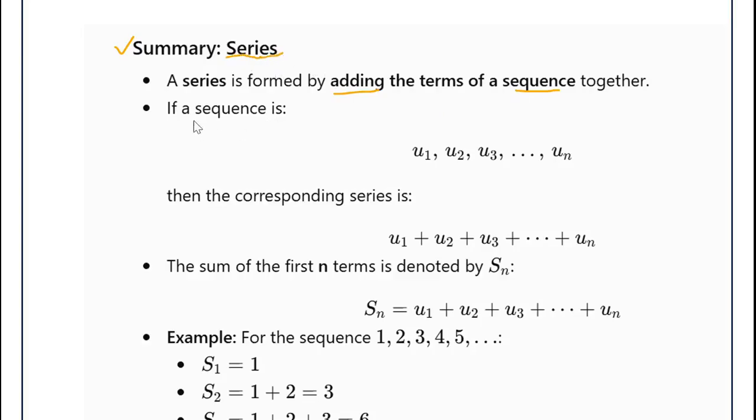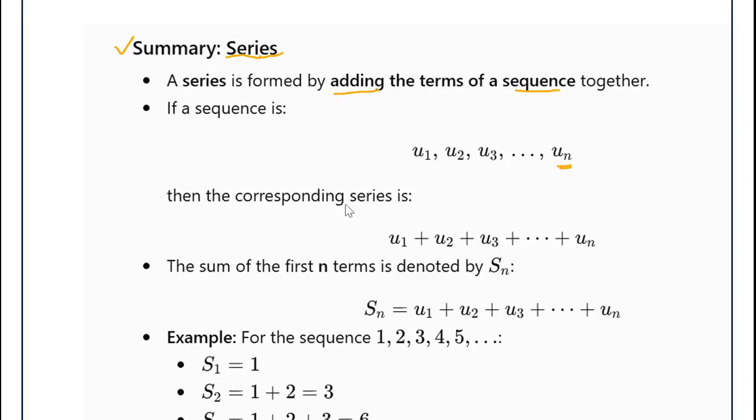For instance, if a sequence is U1 for the first term, U2 for the second term, U3, and the sequence continues up to the nth term, Un. This is just a sequence.